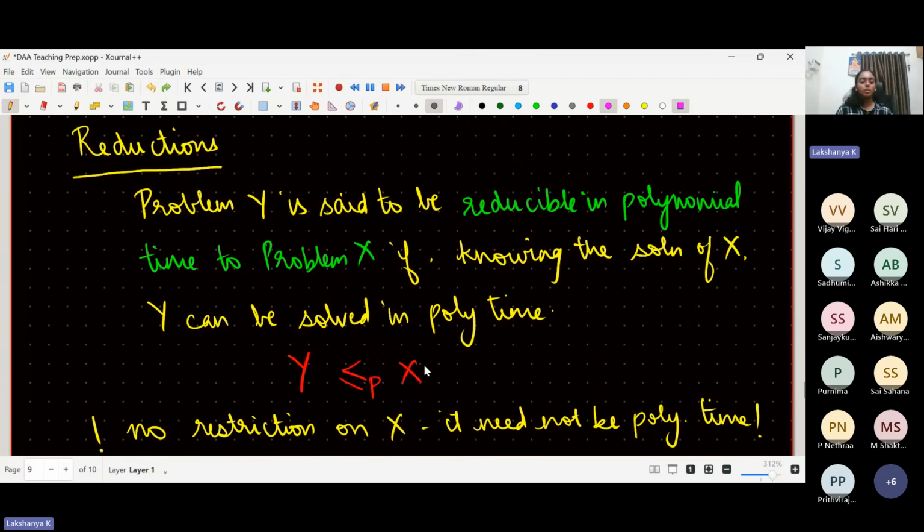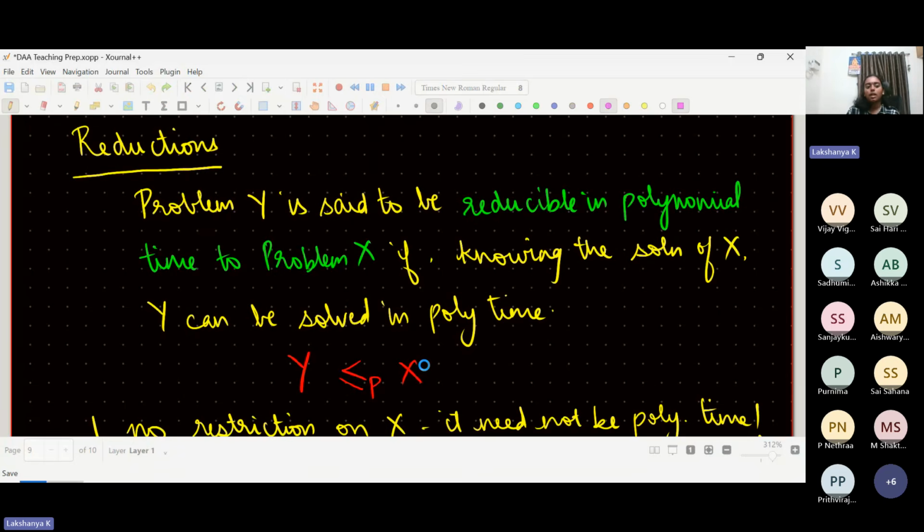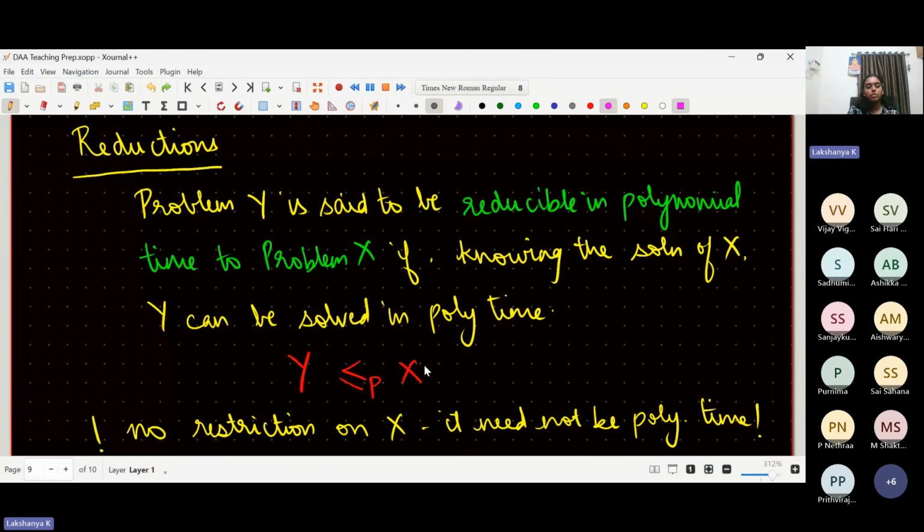Right. So we'll see what reductions are. We're going to define reductions. Now, again, the idea is you solve a related problem and use that solution to solve your original problem. Something we've been talking about from the start of the session. That is what I mean when I say I reduce problem X to problem Y. Say I don't know how to solve question number 2 on my MCQ test. I solved question 6.